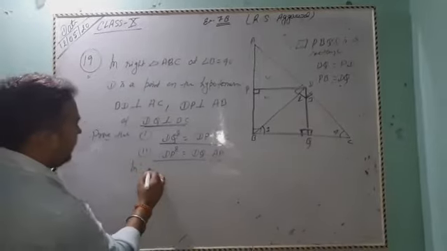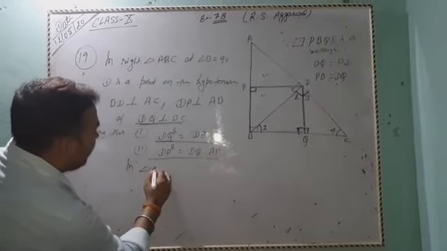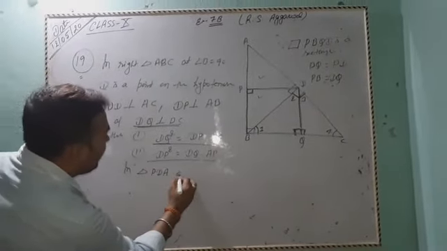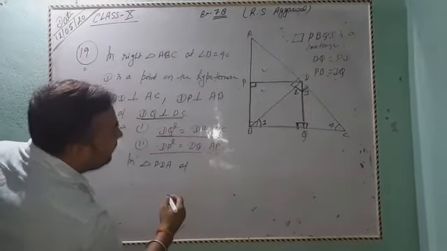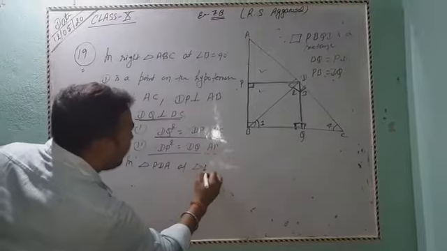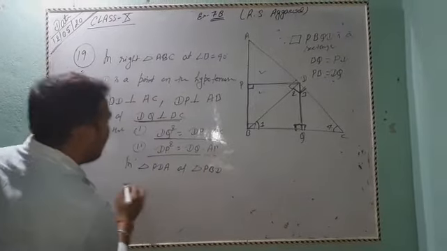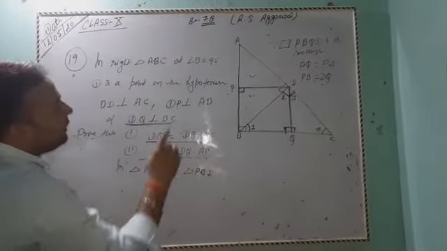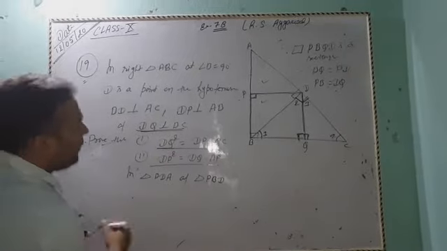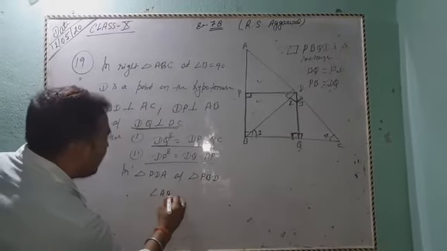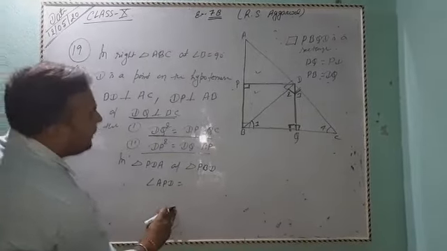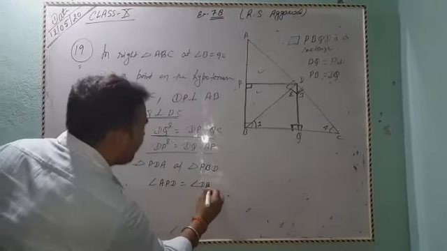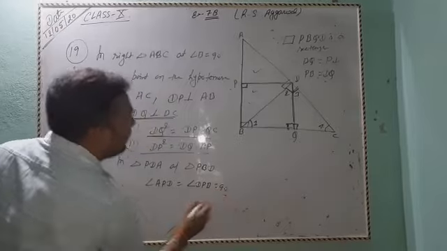In triangle PDA and triangle PBD, angle APD equal to angle DPB equal to 90 degrees.